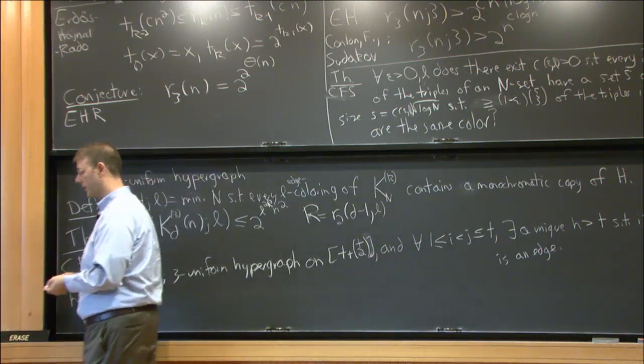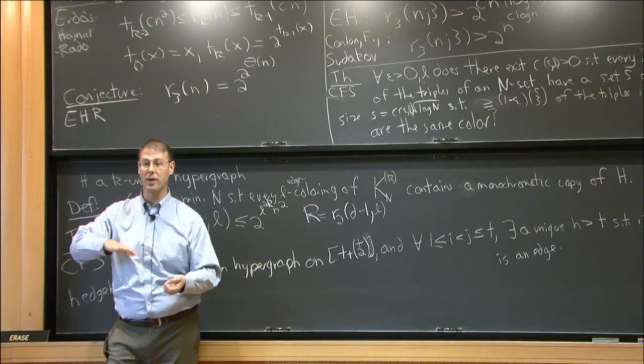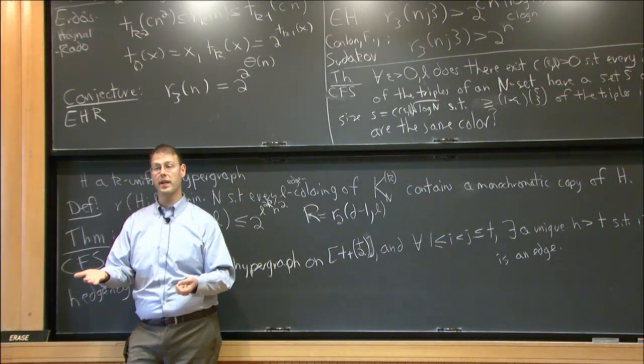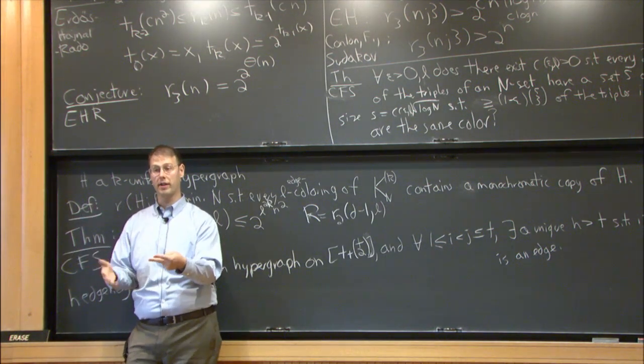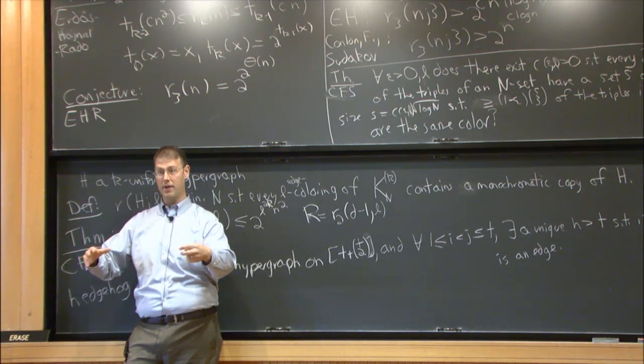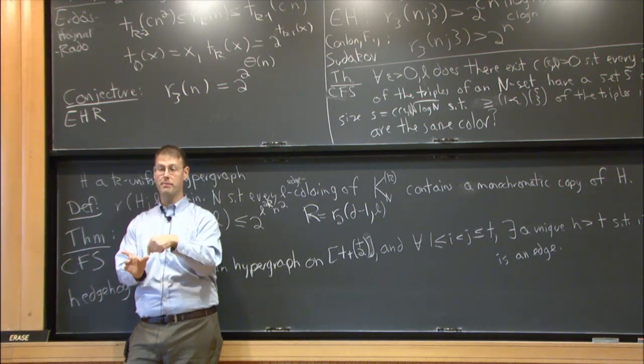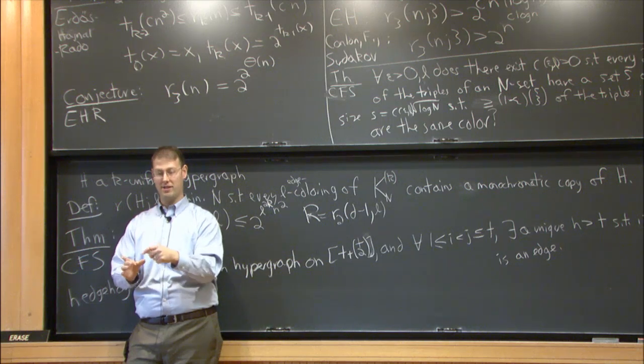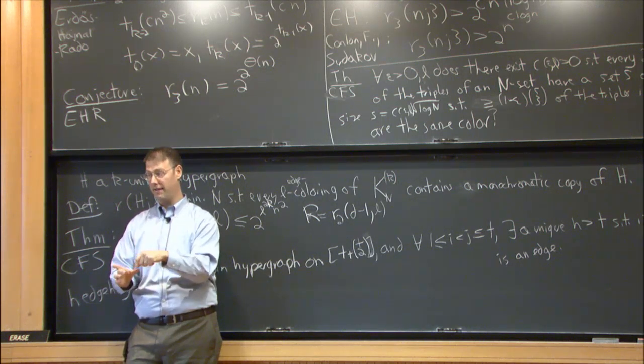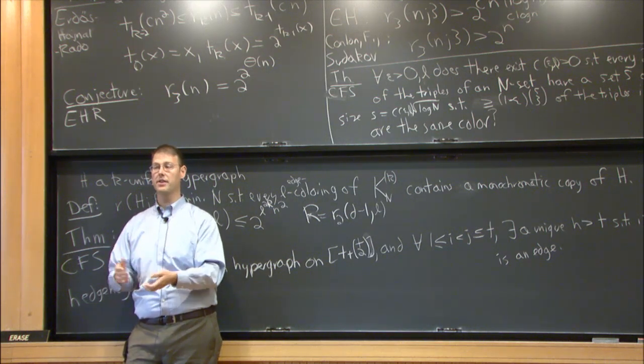There's a multicolor version of this. If you think of the edges as being one color and the non-edges as being another color, that's a 2-coloring of a complete graph, where there's a particular forbidden coloring of a small complete graph, and you'd like there to be a missing color on some large subset.